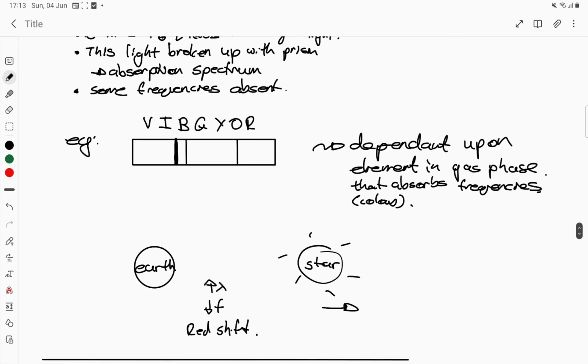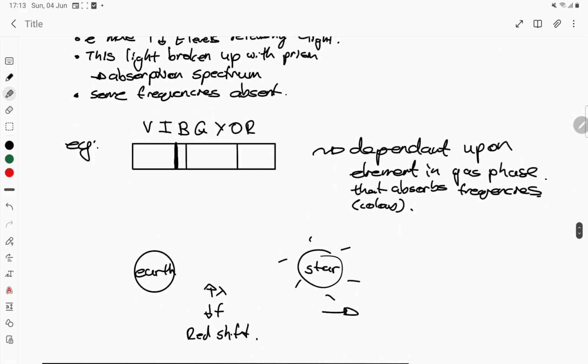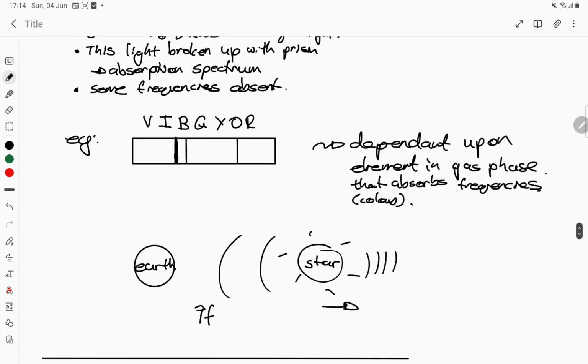So if we are here on Earth and this star is moving away from us, as you saw just now, we'll have a higher wavelength, which will result in a lower frequency.